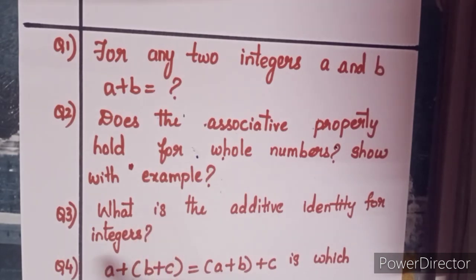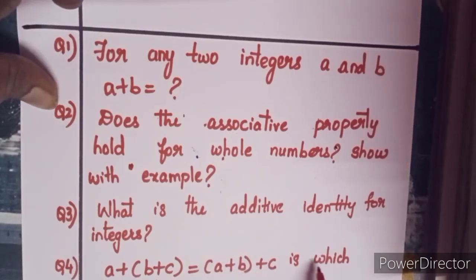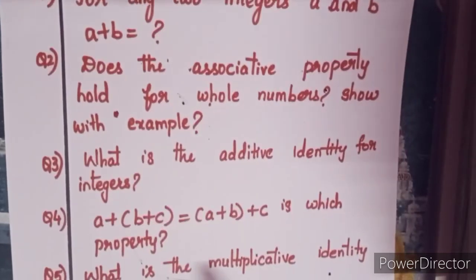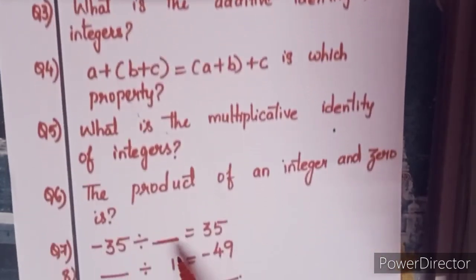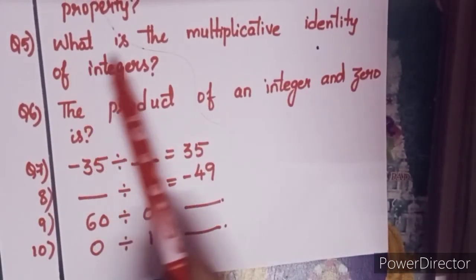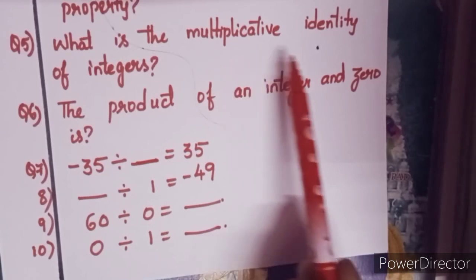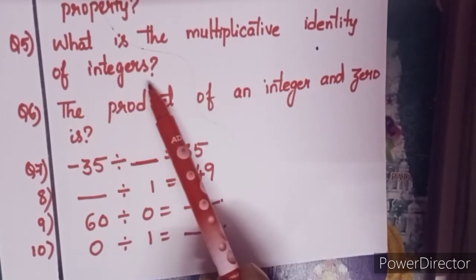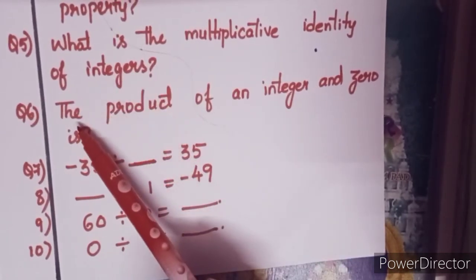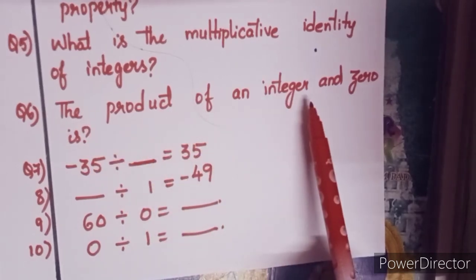What is the additive identity for integers, children? Next, a plus of b plus c equals a plus of b plus c is which property, children? Next, what is the multiplicative identity of integers?